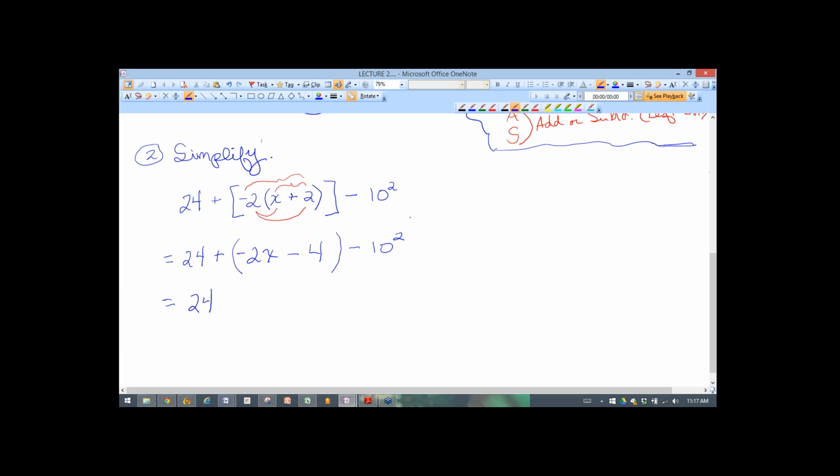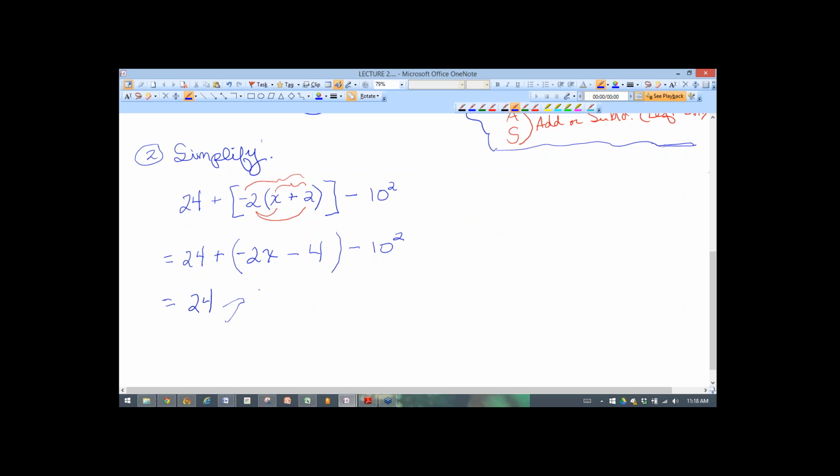So you could write it as 24 minus the 2x, or you could write the 24 plus a -2x, and keep the -4 just the way it is. I'm just showing you guys options, just to give you a little idea of what you can do. Remember that subtraction and adding a negative are equivalent forms, okay? And so here we go.